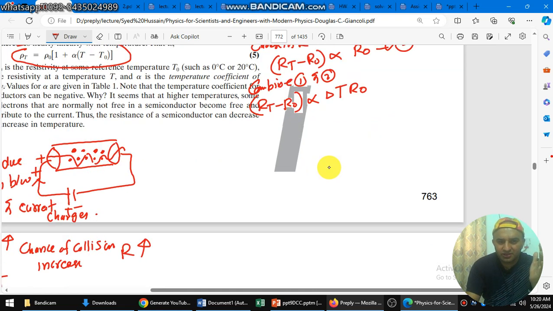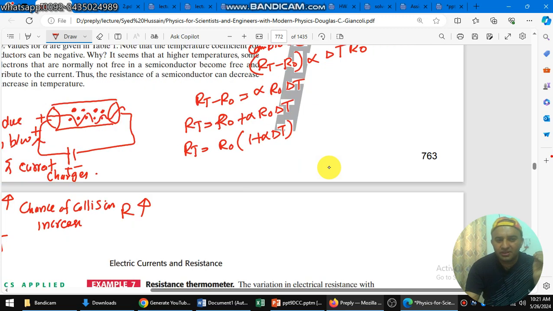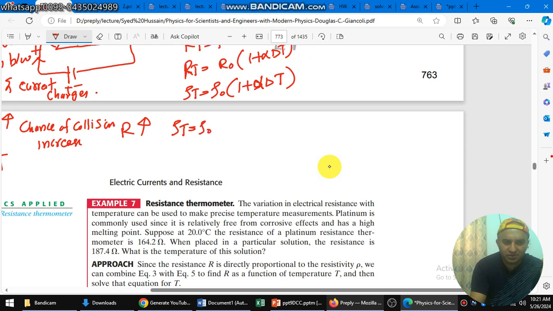If we remove the proportionality, we are left with RT minus R naught equals alpha R naught into del T. So RT is equal to R naught plus alpha R naught into del T, that is, RT equals R naught into 1 plus alpha into del T. Because resistance and resistivity are proportional, we can also convert this to resistivity: rho T equals rho naught into 1 plus alpha into del T. So we can write rho T equals rho naught times 1 plus alpha into T minus T naught, where T minus T naught is the change in temperature.